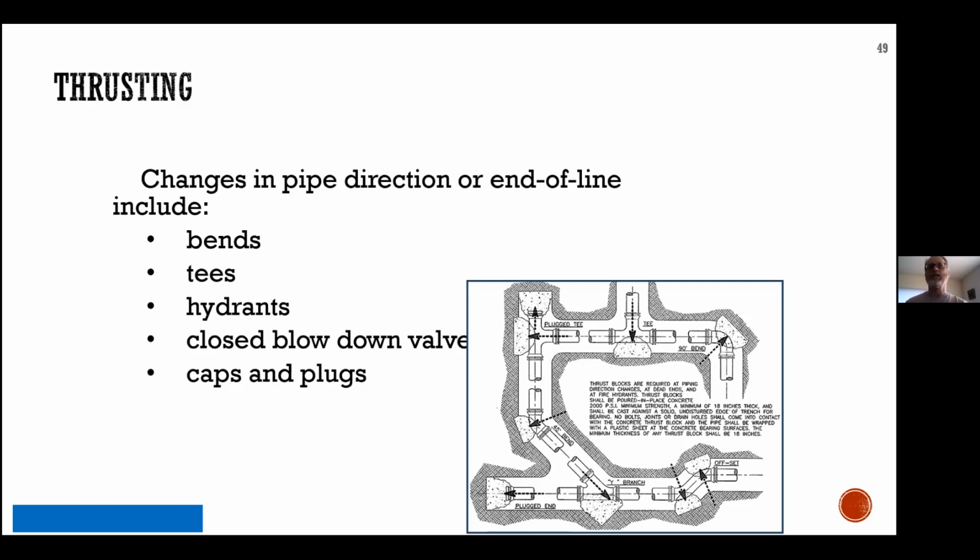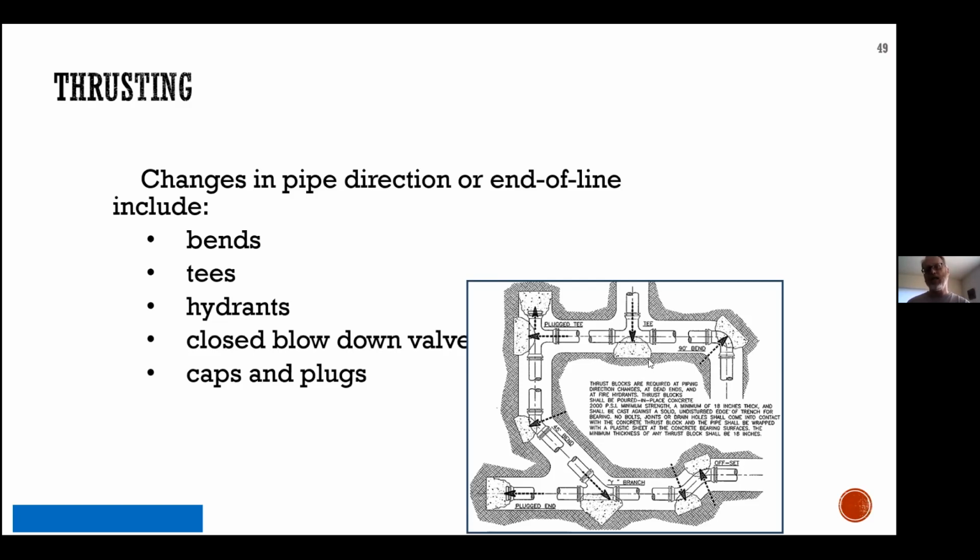So there are tables that your engineers will create or get from pipe suppliers or from the American Water Works Association that show the size of the thrust block that needs to be built if you're going to use concrete, which is kind of the traditional way: a bit of plastic wrap or timber, and then pour concrete.